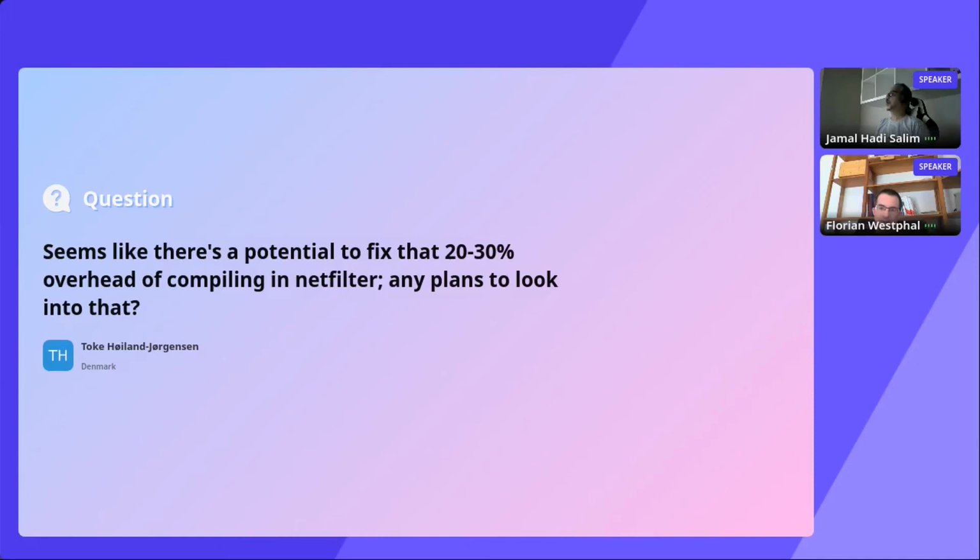Which slide are you talking about? One of the slides that mentioned the overhead of having Netfilter compiled in. Because if it's truly 20 to 30%, then we do have a big problem. And I don't think it's that much. It should barely be noticeable, because this is protected by a static key and it's in an inline function, and it should never call the NFHOOK traverser at all.